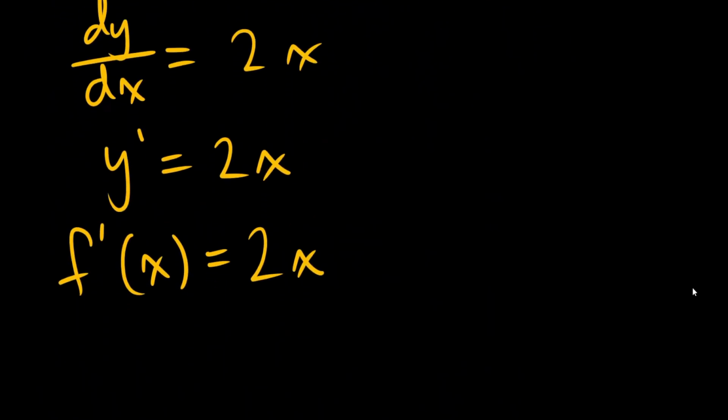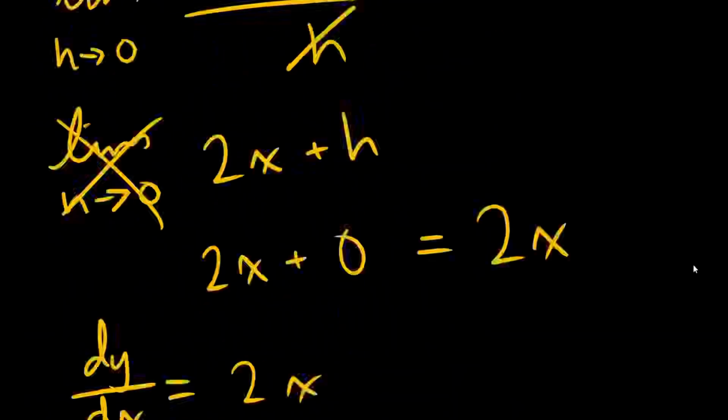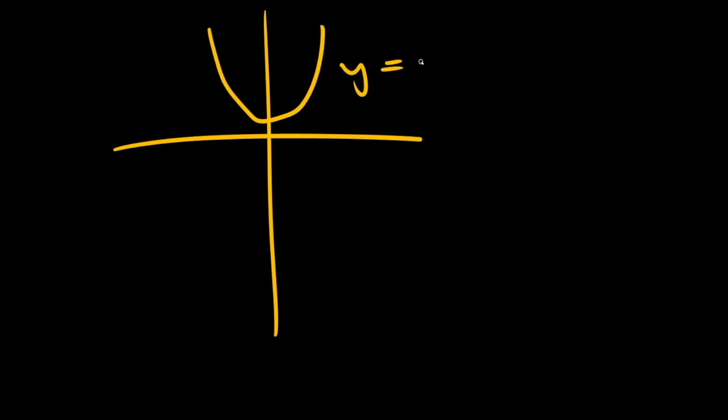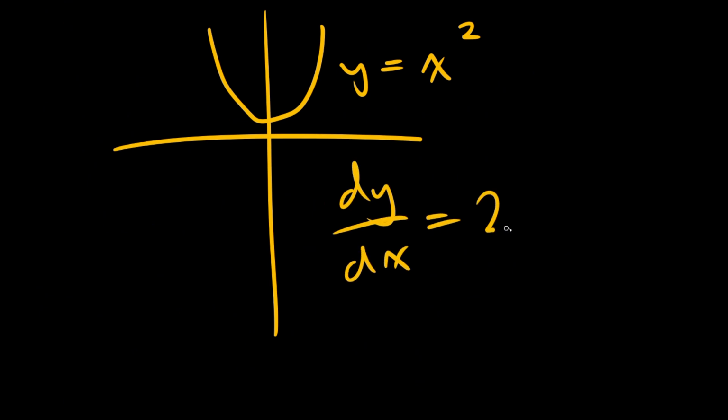What this function does, if we think about the graph of x squared, is allow us to find the slope at any given point.